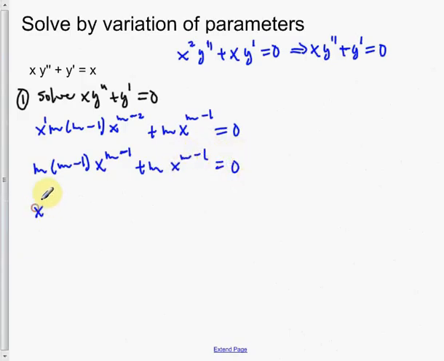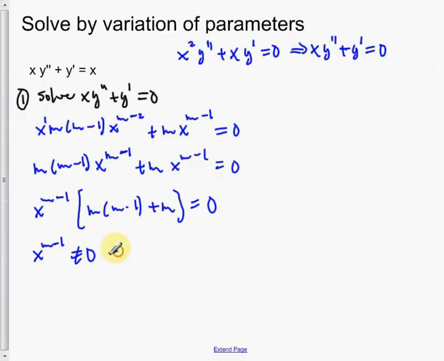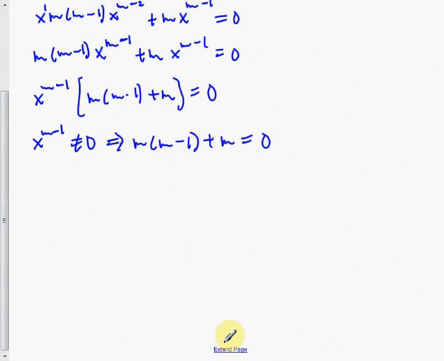Factor out x to the m minus 1. I have left m times m minus 1 plus m equal to 0. So x to the m minus 1 cannot equal 0. So this implies that m times m minus 1 plus m is equal to 0. So simplify that auxiliary equation.